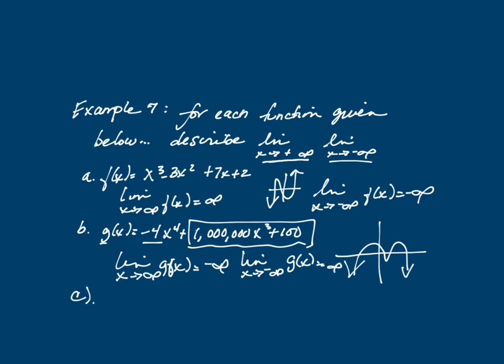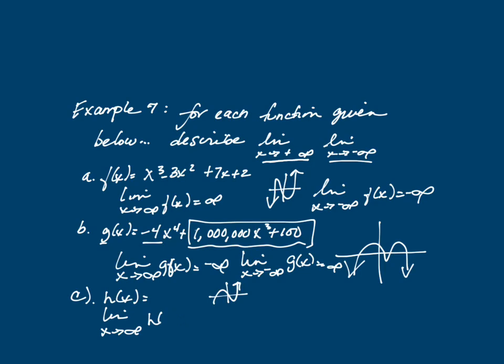Okay, C is h of x, a negative cubic, so we would be going this way. So it would be the limit as x approaches infinity of h of x is, no, I did that wrong.